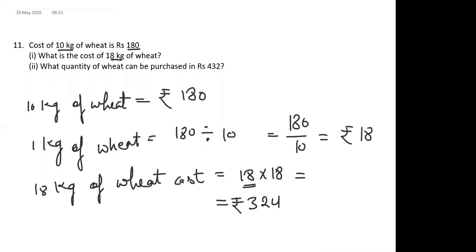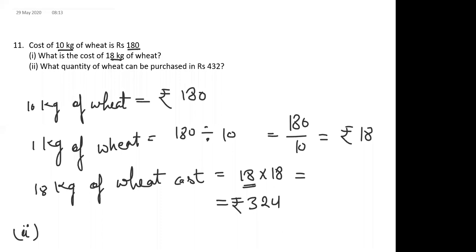Okay, question 11 has two parts. So let us now do the second part of question 11. It is saying: what quantity of wheat can be purchased for rupees 432?